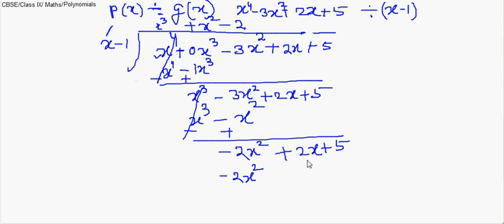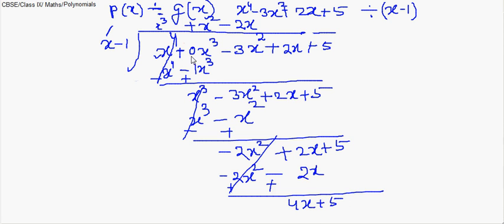There is no x, and I'm getting a plus 5. I made a mistake here. I need minus 2x, because it keeps on getting one after the other: x cube, x square, x, and then I change symbols. That would give me a 4x plus 5.